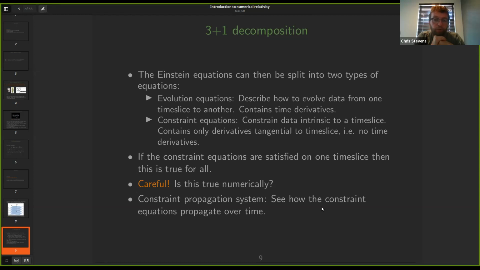And this is the central part of solving these things numerically: we want to take our evolution equations and use a numerical method to approximate, given data on one slice, what the data is on the next slice. So the evolution equations must contain time derivatives, and may contain spatial derivatives.